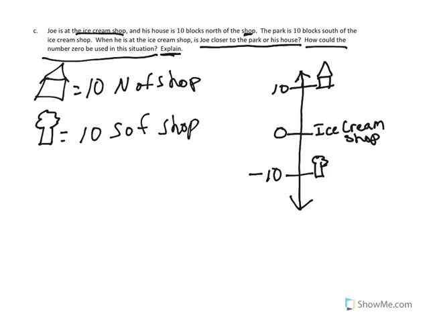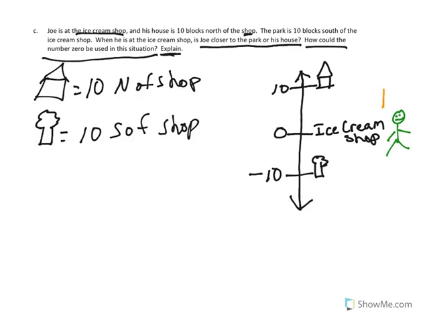Okay, so I made a pictorial representation of it using a vertical number line. I put the ice cream shop at 0 because that's where Joe is, and I might even put Joe there. There's Joe. And he's at the ice cream shop, and his house is 10 blocks north.